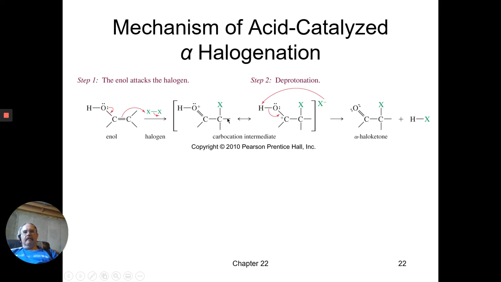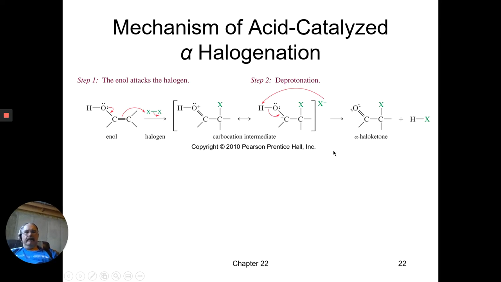We form the enol. Oxygen pushes down, the alkene group attacks the halogen. We get our alpha substituted carbocation, or cation intermediate. And then the halide comes in and removes the enol hydrogen. This pair of electrons then moves down and we restore the ketone.